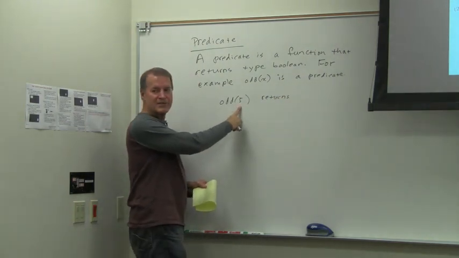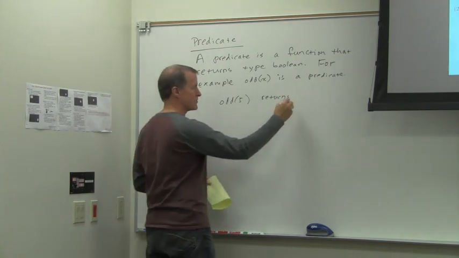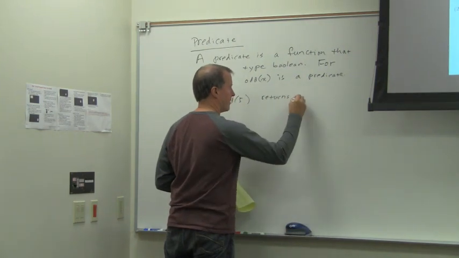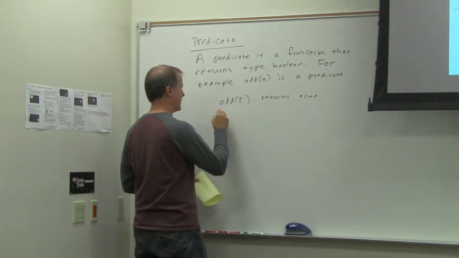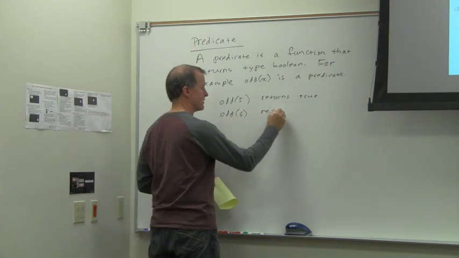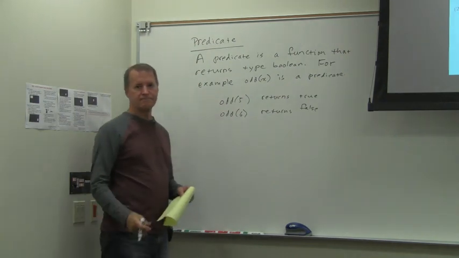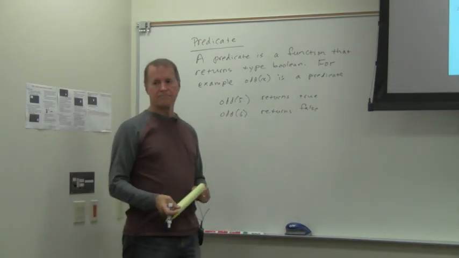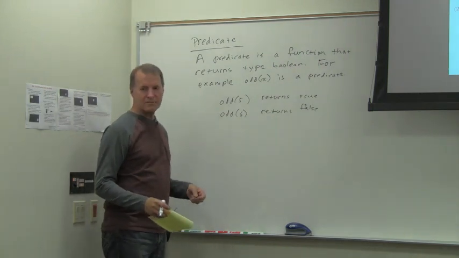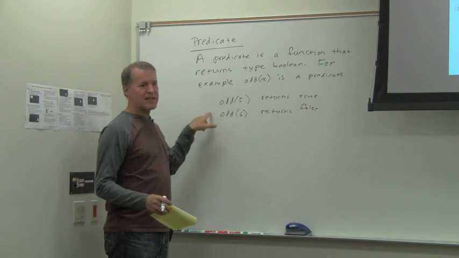It's whether or not this is an odd number. So odd 5 returns true. And odd 6 returns what? False. Okay, so that's a predicate. Is that a C++ function thing? Well, it's in some languages. But it's an example of a predicate.